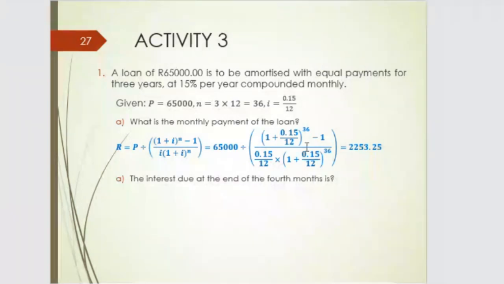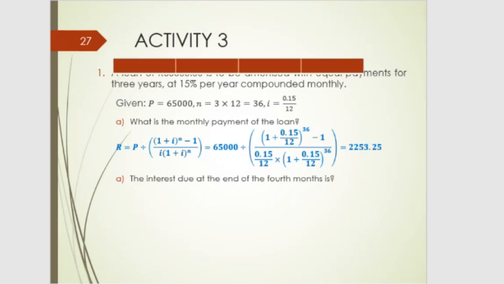So the interest that will be due. So let me do this. I'm going to clear. Okay, let me first insert that table. For now, let me draw the amortization table. Let's say we have 1, 2, 3, 4, 5. I'll use 5 columns.